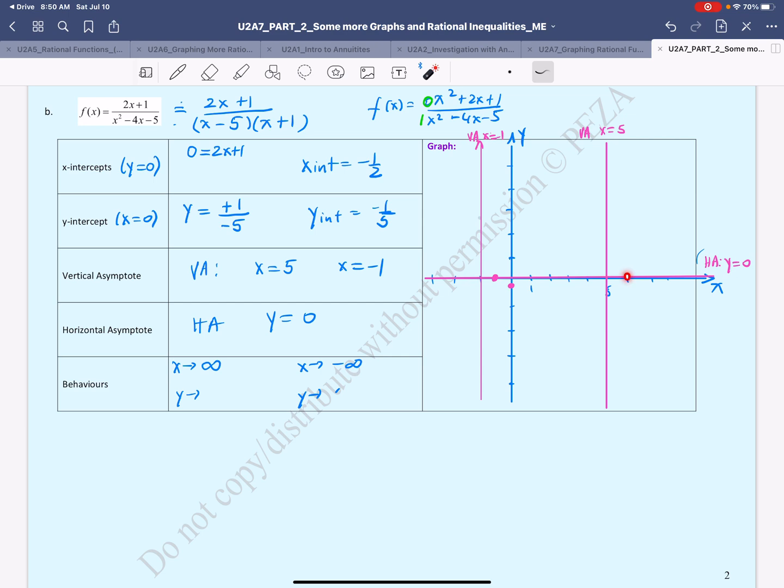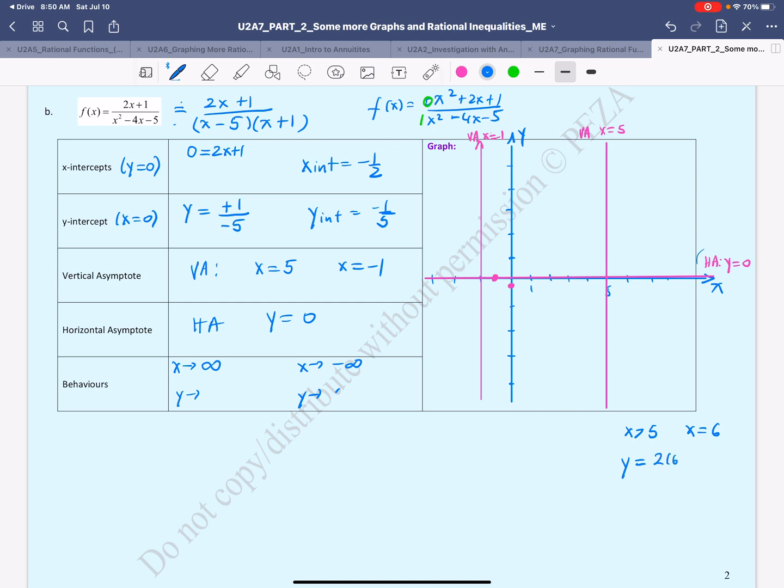For bigger than 5, if you want to know whether the graph will be above or below the horizontal asymptote, we pick a testing value, in this case x equals 6, and we evaluate the function.